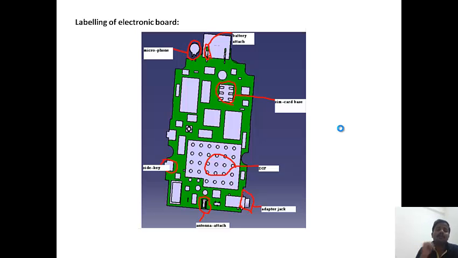A lot of things we can design on the printed circuit board. SIM card base, DSP, adapter jack, all these things are mounted in a particular fashion on the board. These are the things we can see on this PCB.